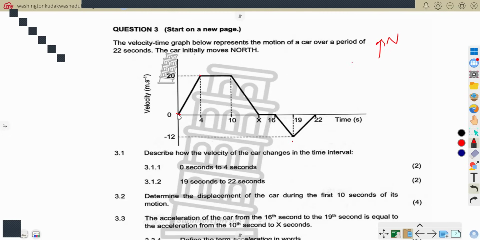You can see that the velocity increased uniformly from rest, which is 0, to 20 meters per second.